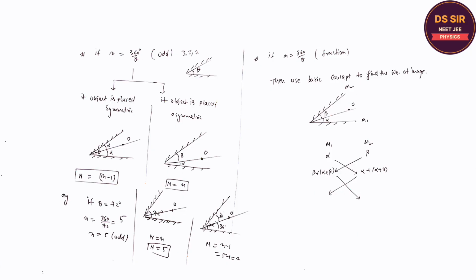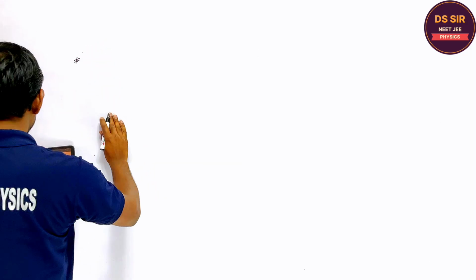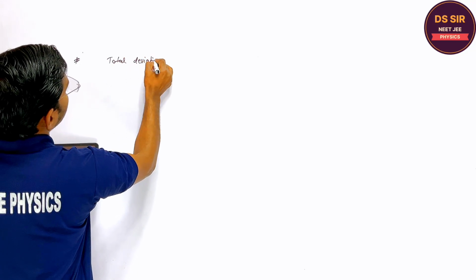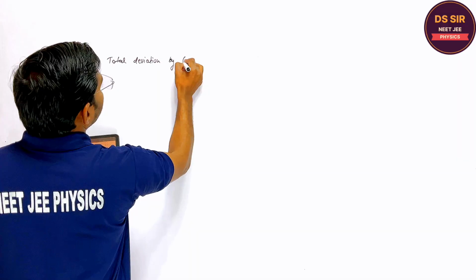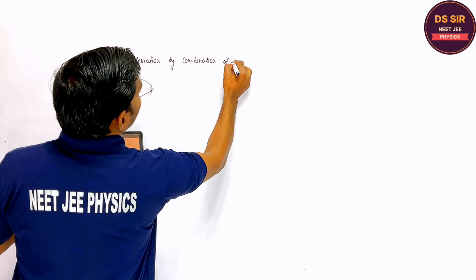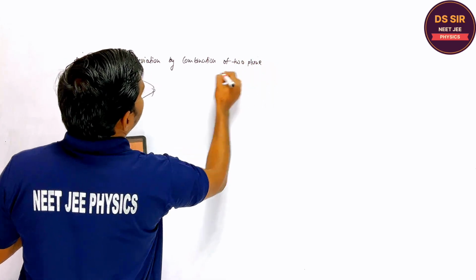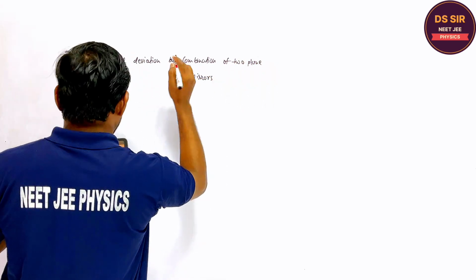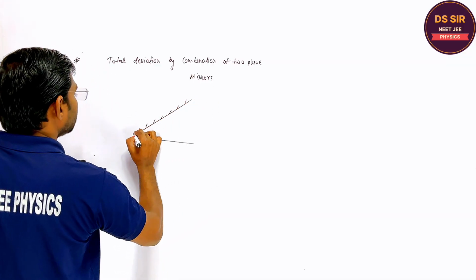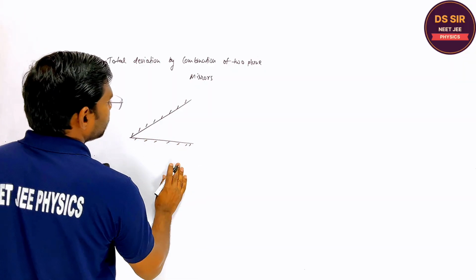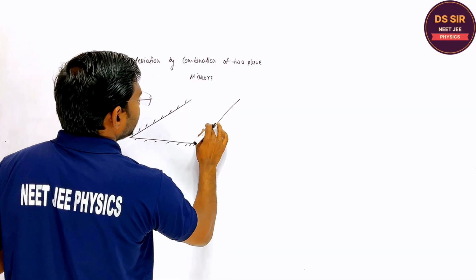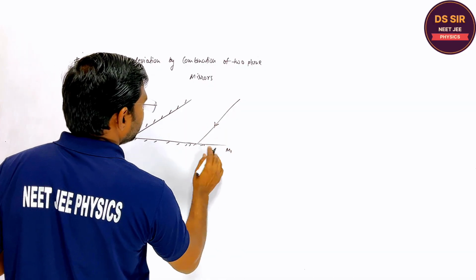Copy this. Now, in the combination of two mirrors, you have to find the total deviation. Total deviation by combination of two plane mirrors. What does it mean? Suppose these are the two mirrors like this, and one light ray is incident on mirror M1.